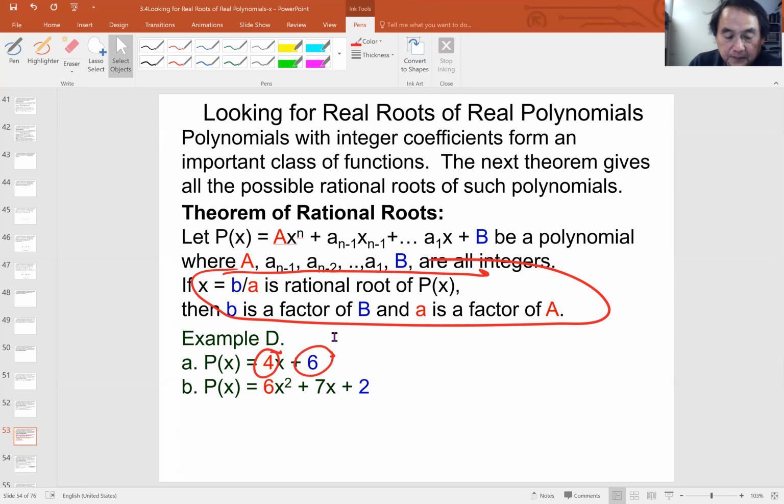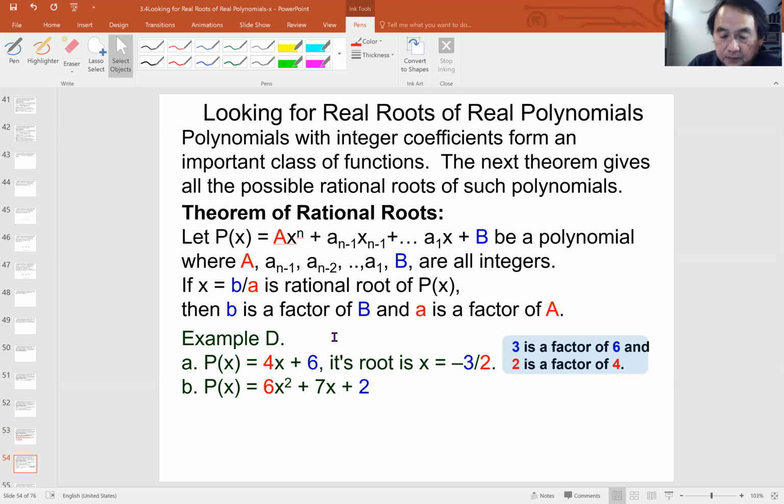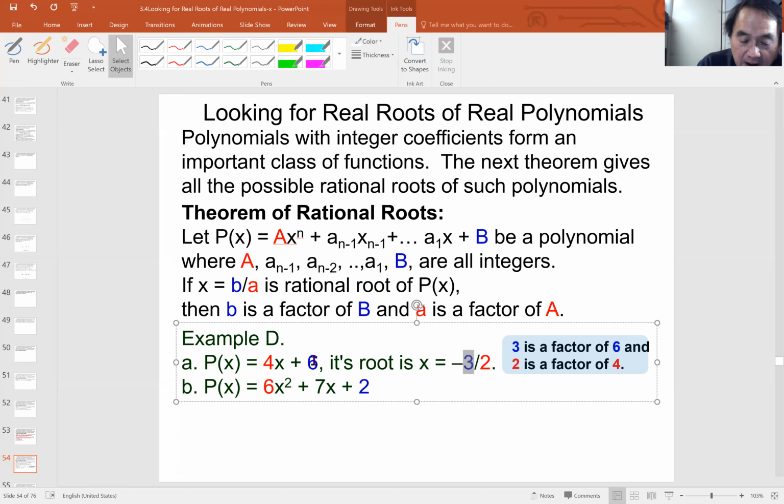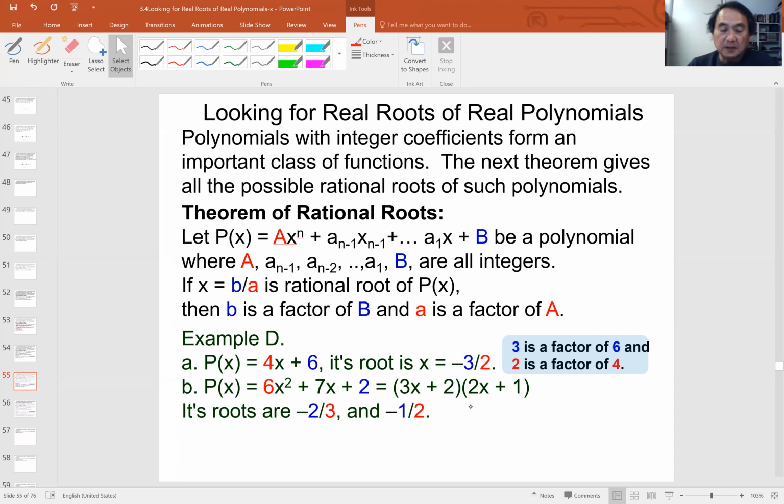6 and 4. Well, the answer is minus 3 over 2. And notice that minus 3 is a factor of the constant term, and 2 is a factor of 4, the front term.